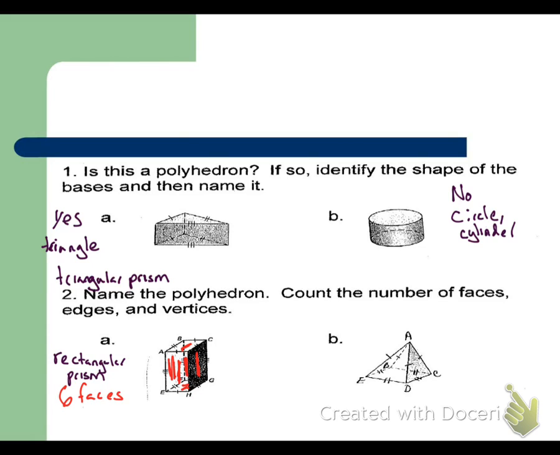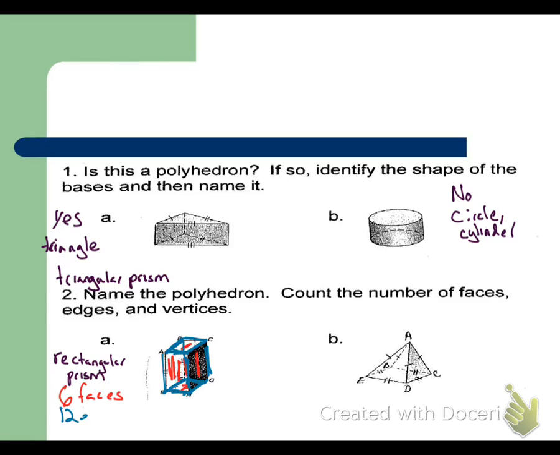Okay, our next part is we want to count the edges. So how many edges do we have? We have 1 right here. We have 1 right here. 2, 3, 4, 5, 6, 7, 8, 9, 10, 11, 12.